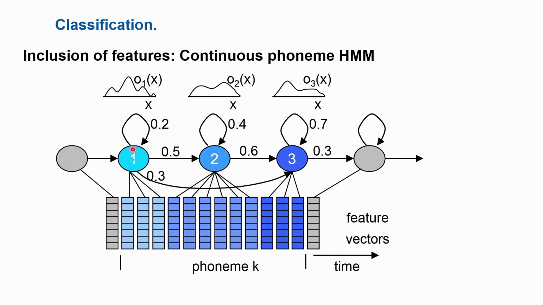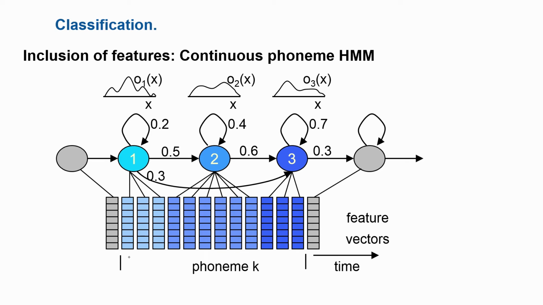What these states emit is now not a discrete symbol, but it's a continuous probability for a certain feature vector, which we have extracted in the first part of our speech recognition architecture.